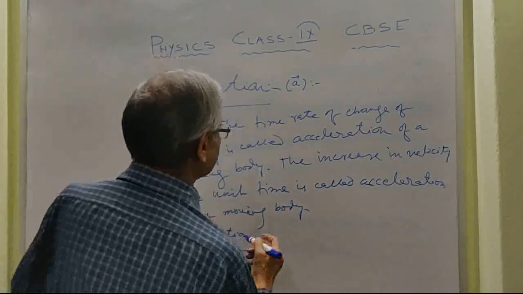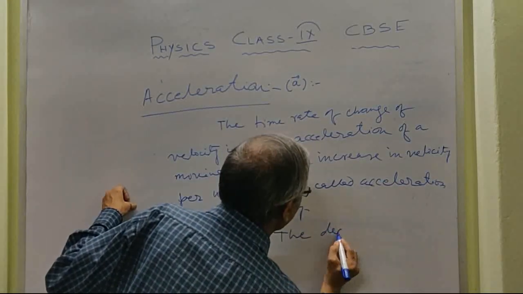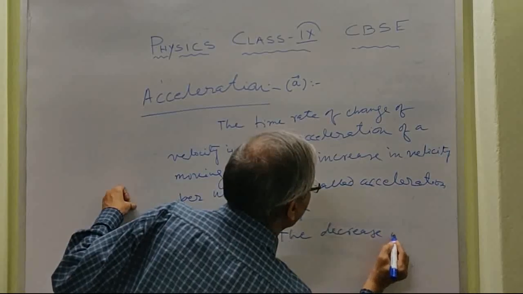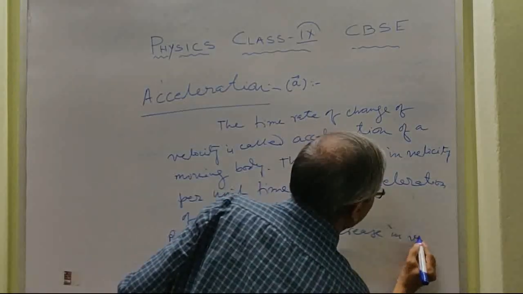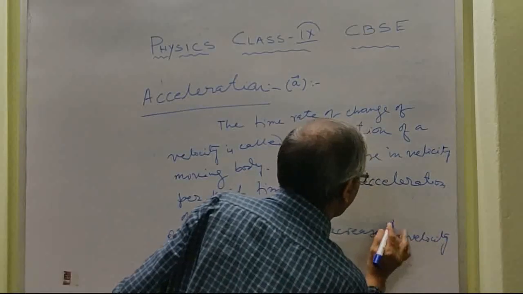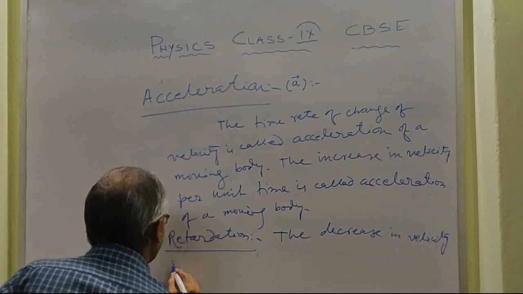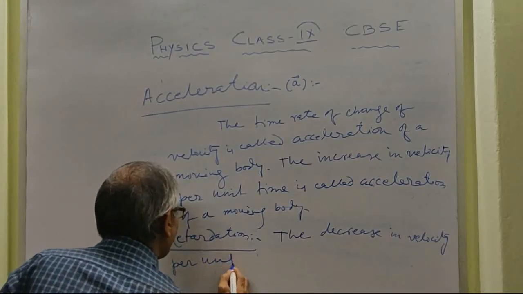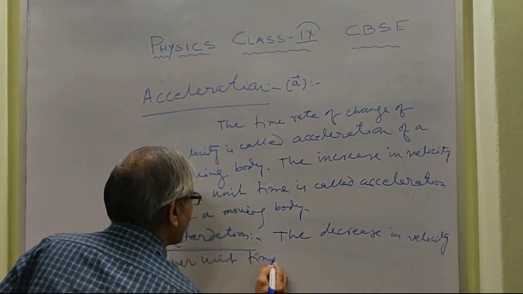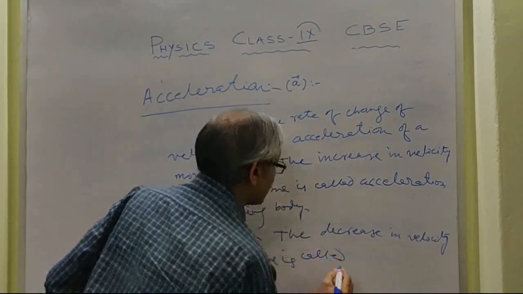Now, retardation. The decrease in velocity per unit time is called retardation.